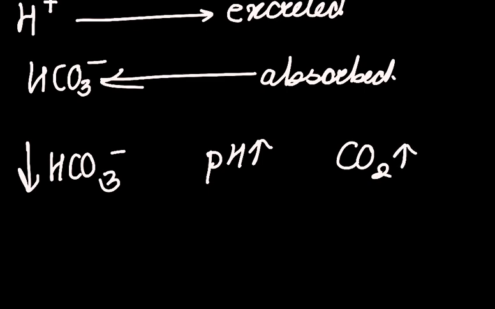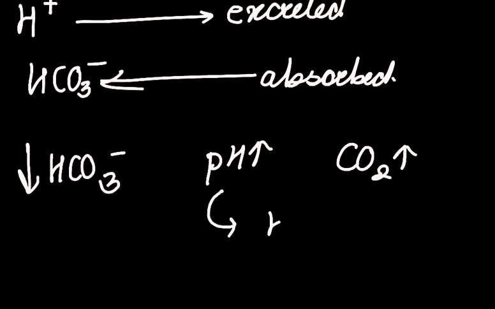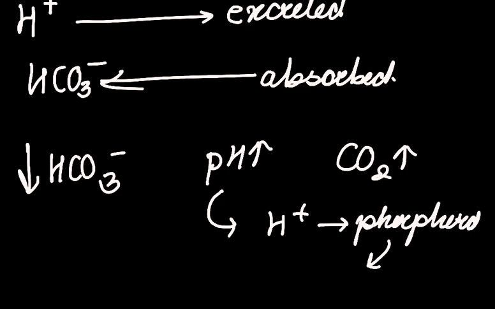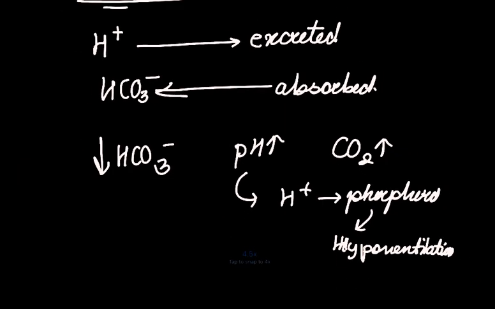This is done by a decrease in H plus, which goes to the peripheral receptor, and this peripheral receptor would ask for hypoventilation, and in this way our respiratory system compensates for this metabolic alkalosis.